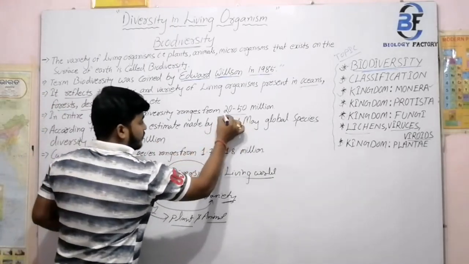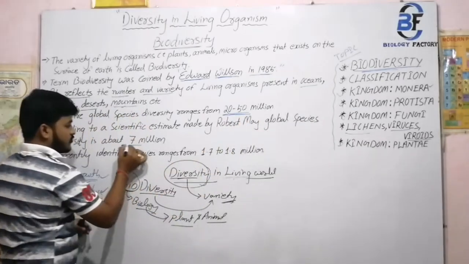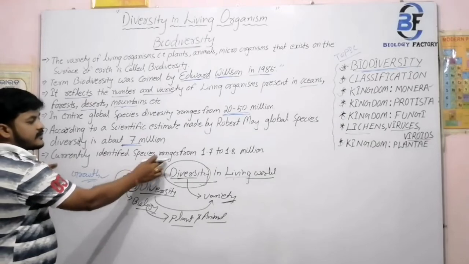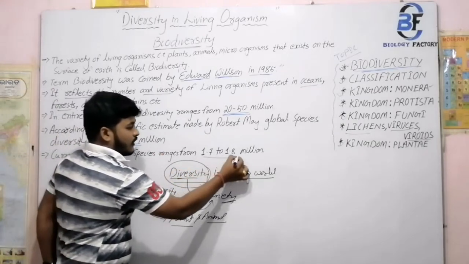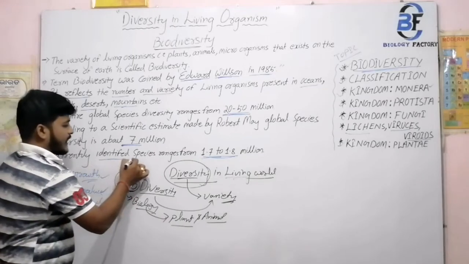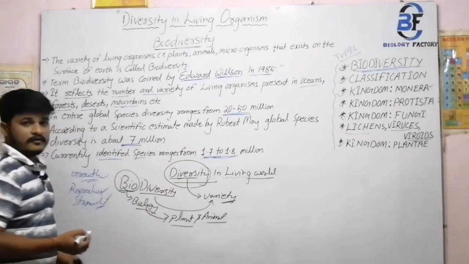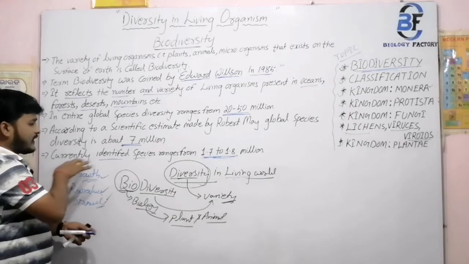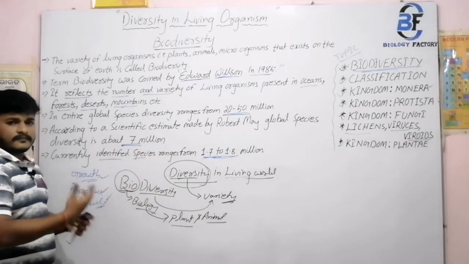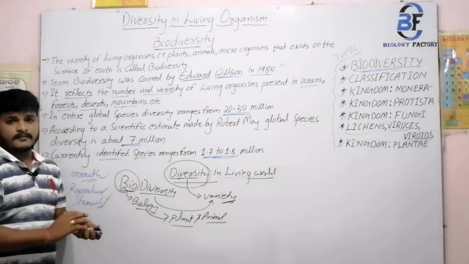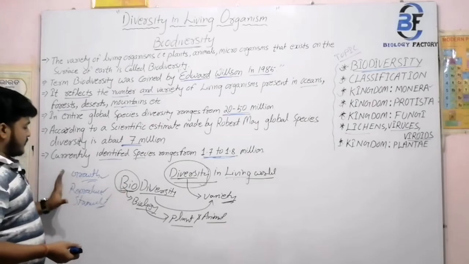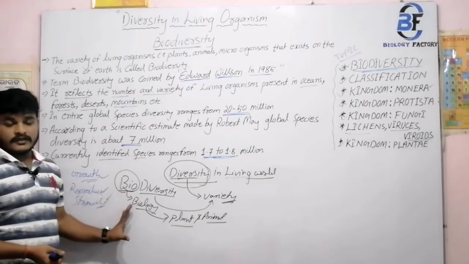Currently, identified species range from 1.7 to 1.8 million. Later on it may also change by the research of other scientists. So this is the gist of biodiversity.